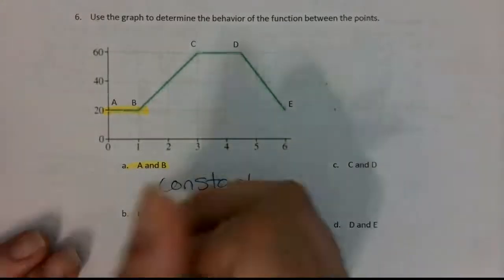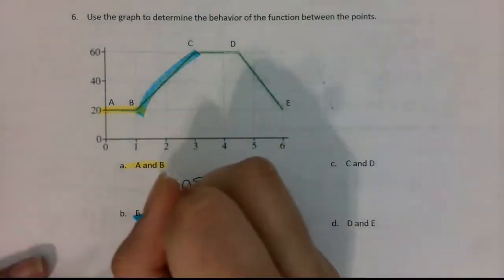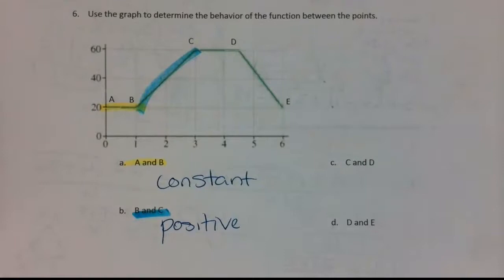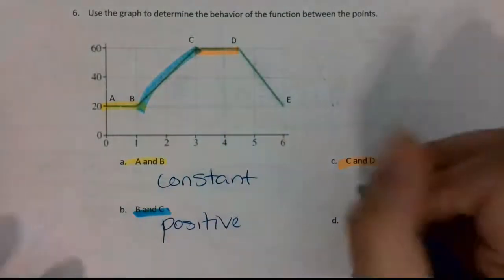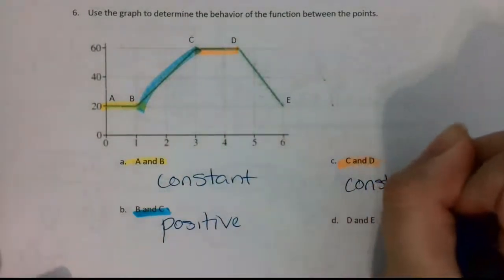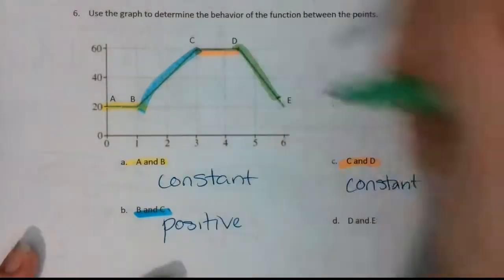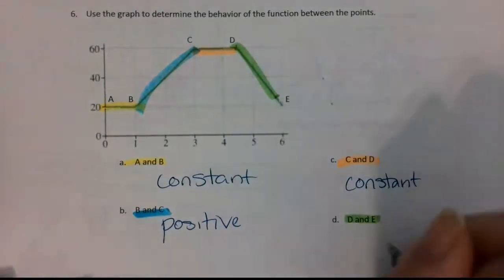B and C is positive. Oops. C and D is constant. And D and E is going down, so it's negative.